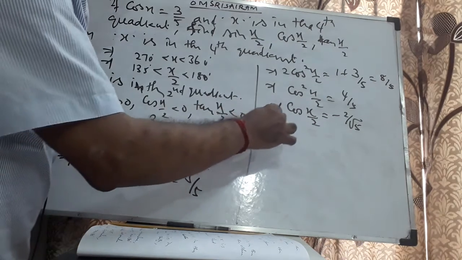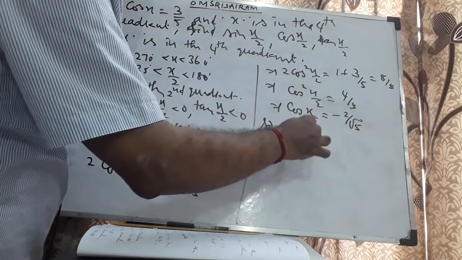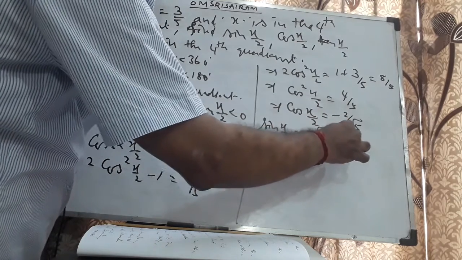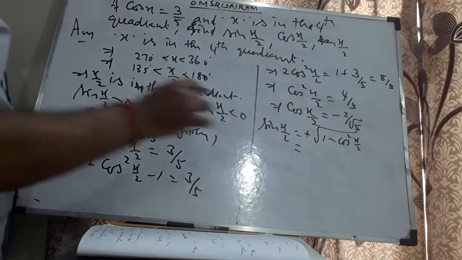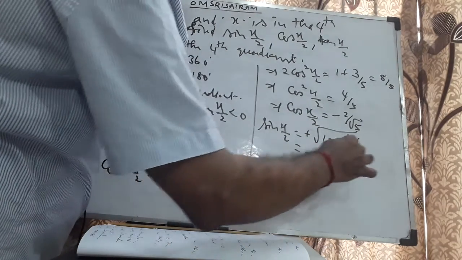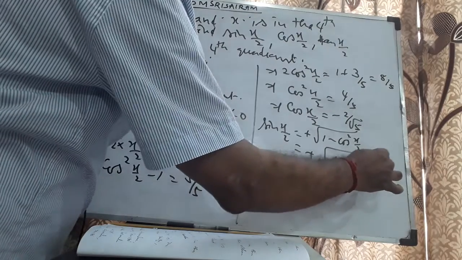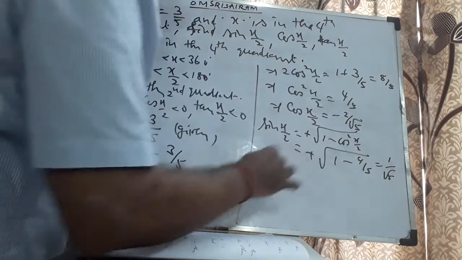Now think about sin x by 2. It is plus root of 1 minus cos square x by 2 because sin x by 2 is positive in the second quadrant, plus root of 1 minus 4 by 5, which is anyway 1 by root 5.